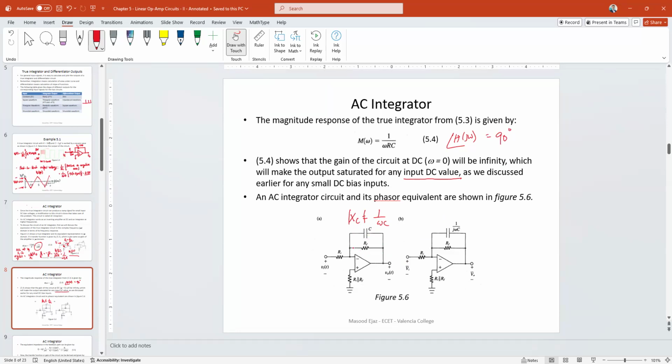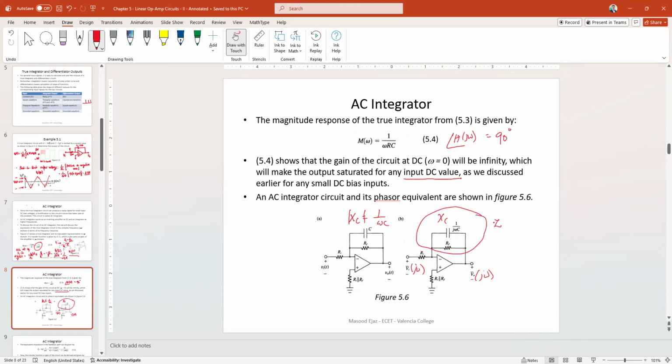So once again, when we convert this circuit into the phasor domain, as you can see, we have the input at j omega, the output at j omega, and the reactance of the capacitor 1 over j omega C. Now, these two are in parallel with each other.